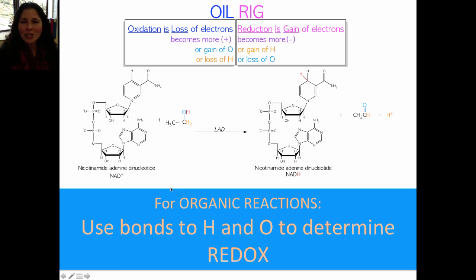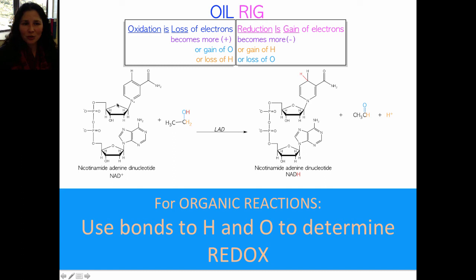Remember that oxidation is loss of electrons, and this can be seen by gain of bonds to oxygen or loss of hydrogens. Reduction is gain of electrons, and this can be seen by gain of hydrogen atoms or loss of bonds to oxygen.